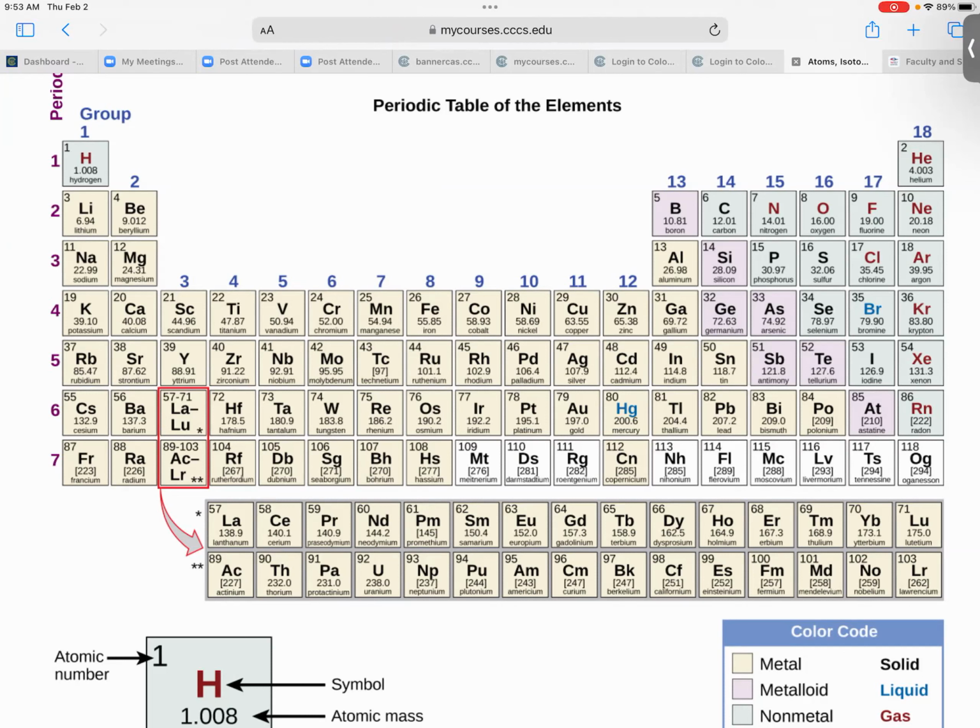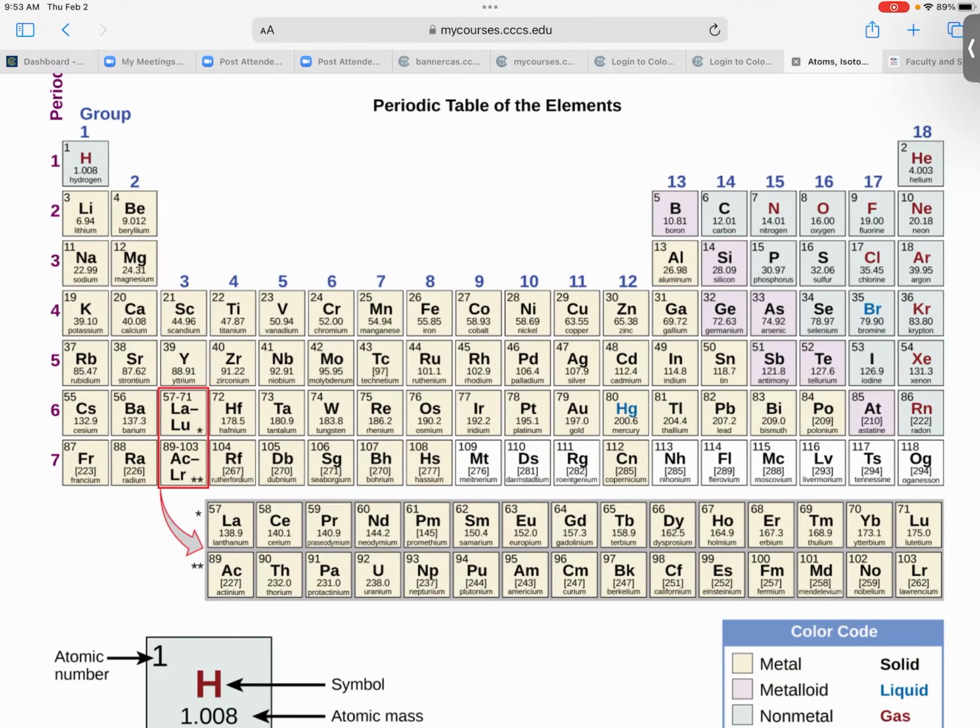Now, remember the periodicity of electronegativity. Electronegativity goes up and over, right? So on the periodic table, who has the highest electronegativity? Hydrogen. Noble gases don't count because they're kind of perfect already, right? So they're like, screw you all, I'm out. So who would be left?